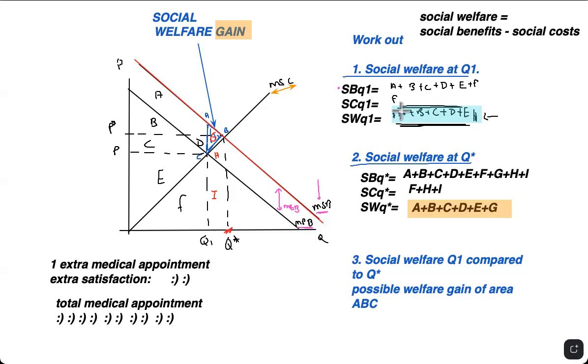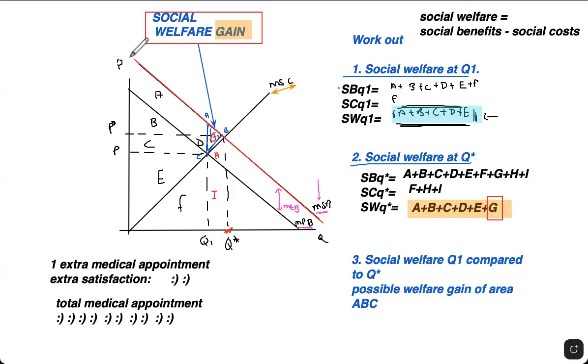So if you see here, total social welfare at Q1 isn't as high as it could be if instead we consume that Q star. We could have gained G. And notice that G is my social welfare gain.